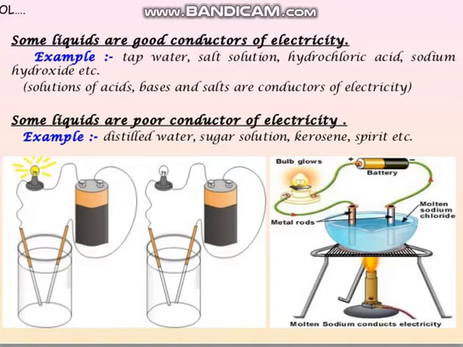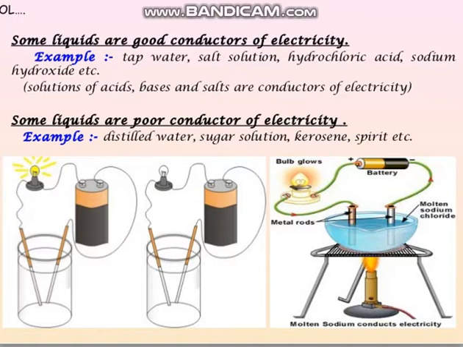The same type of activity can be done. But if we compare the conductivity of solids with liquids, the current passing through a liquid is very weak compared to that of solids.